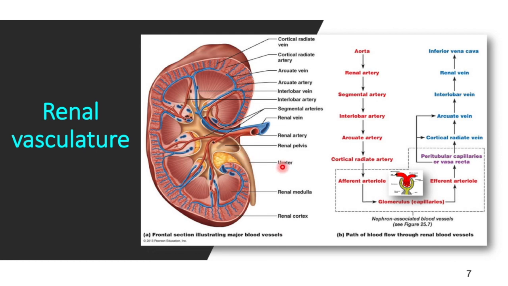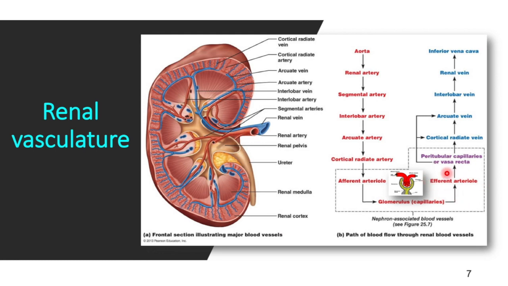The smallest arteries subdivide into the first set of arteriole, which is the afferent arteriole. Blood will enter afferent arteriole and enter the glomerular capillary network that will undergo filtration process.